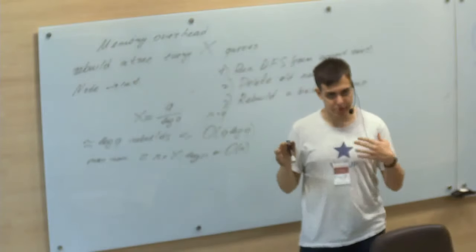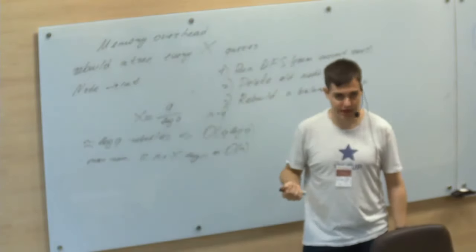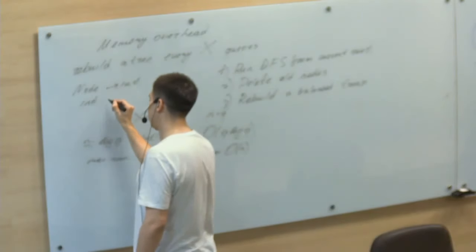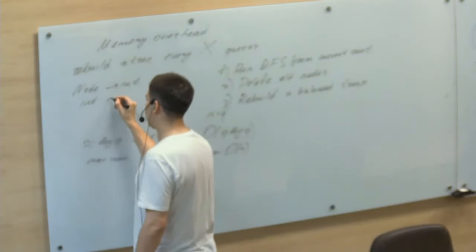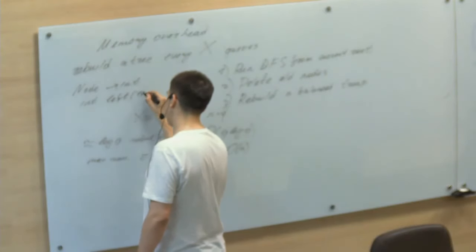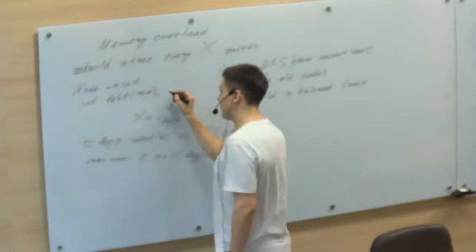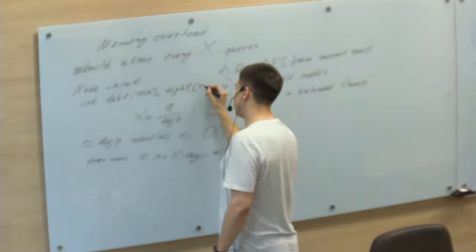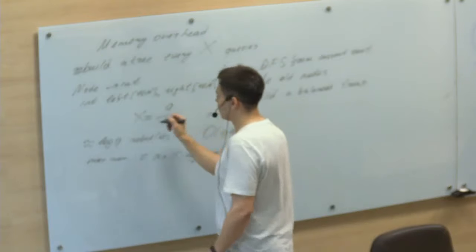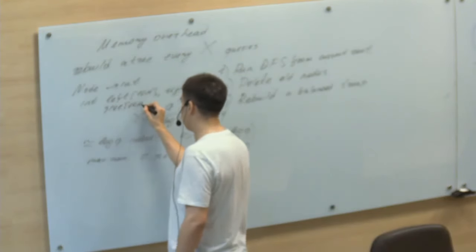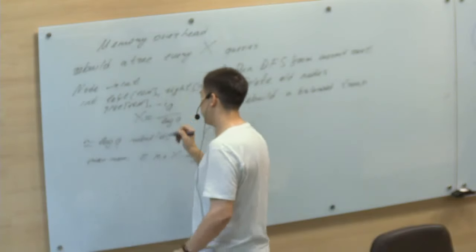So instead of a node, we will store ints, and we can have int left, 10 million, right, 10 million, I don't know, size, also 10 million, and so on.